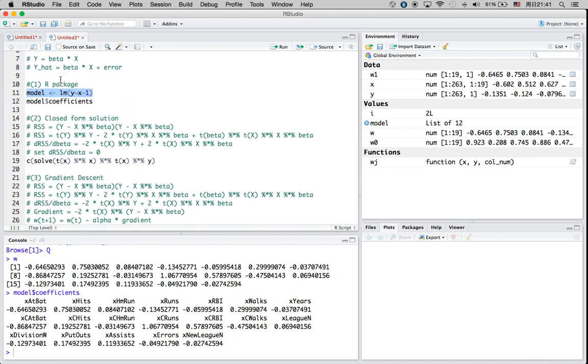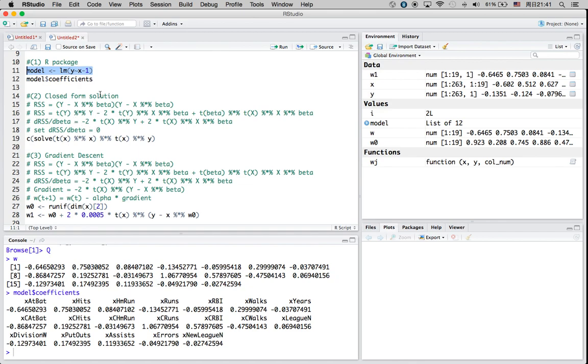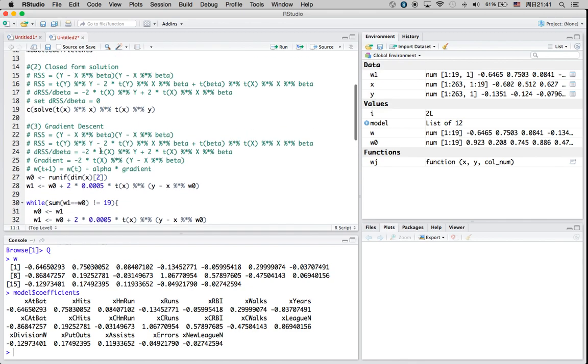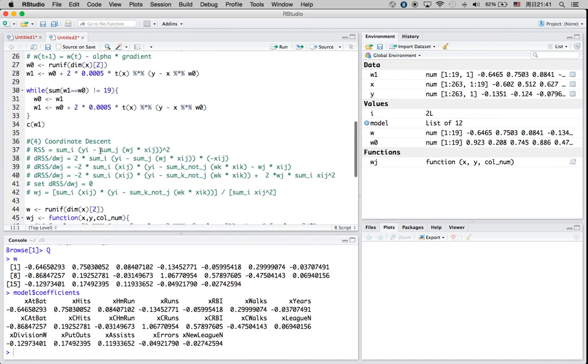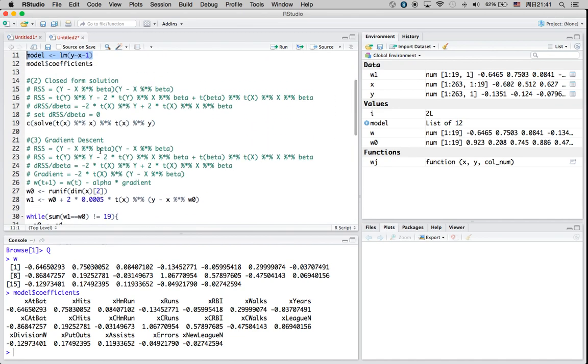The first one is you can just call the lm function right away to get the coefficients. But to understand what is behind this function, here are the three methods that you can use to calculate the coefficients, and each of them has its own pros and cons. So you can decide to use each method based on your own needs.